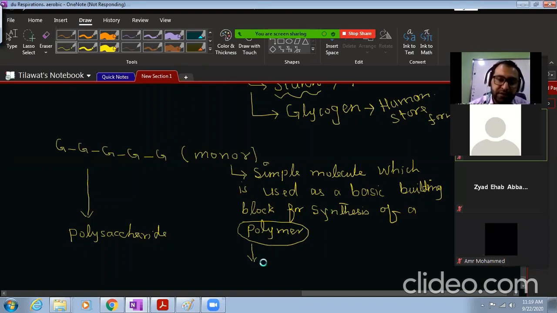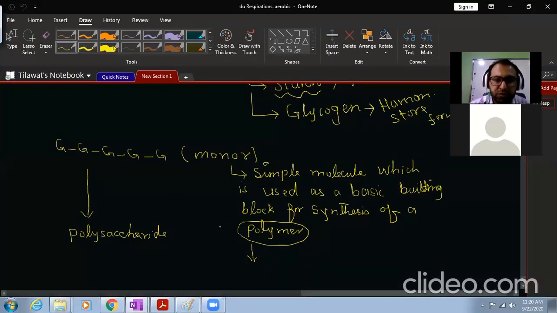Okay? Am I clear? So this is polymer. Now question is, what is polymer? So polymer is actually a large molecule made from many similar repeated units. Polymer is what?